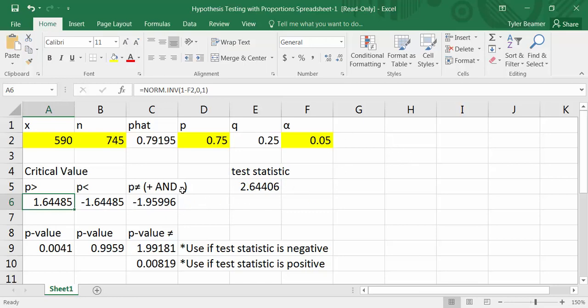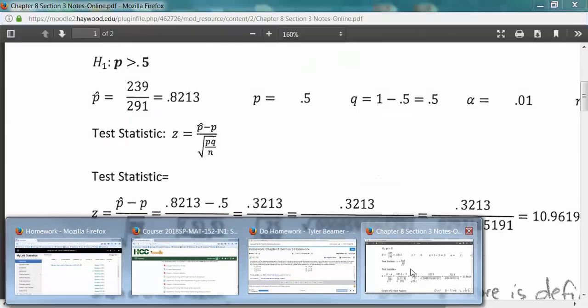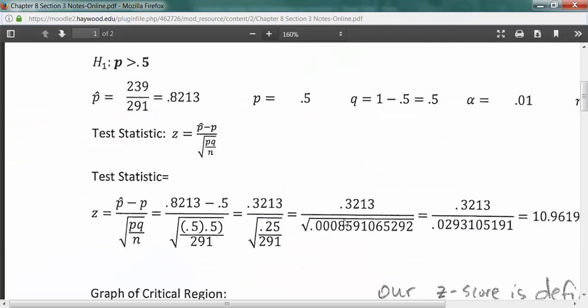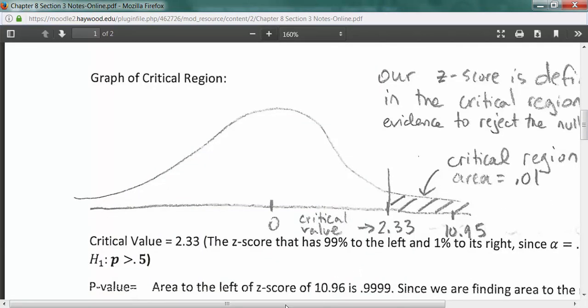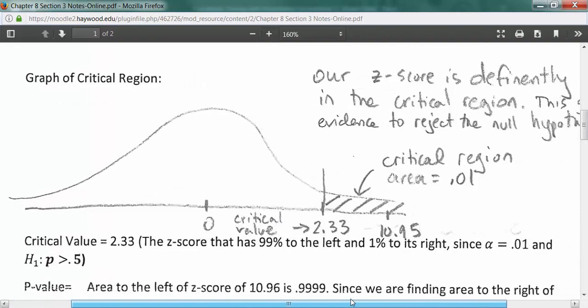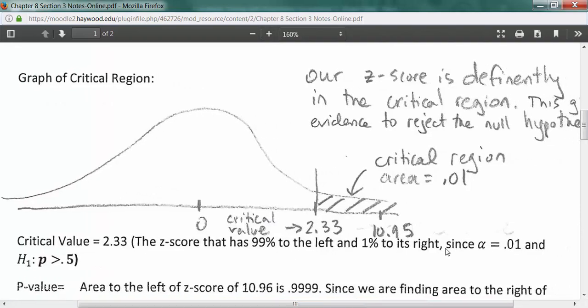And so you can compare the critical value with the test statistic, that our test statistic is certainly exceeding the critical values. So then we would be in what we call the critical region. Okay. So that is actually one method for identifying a conclusion for a hypothesis testing.